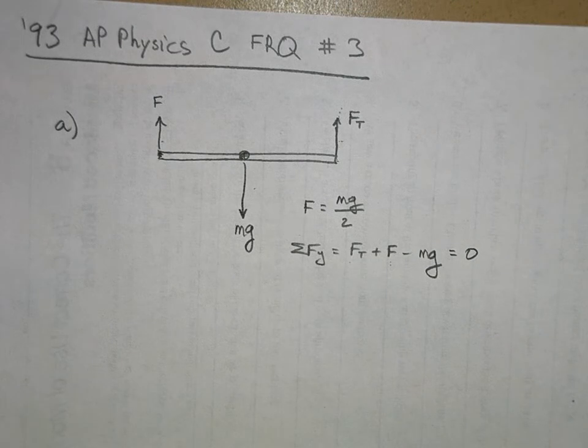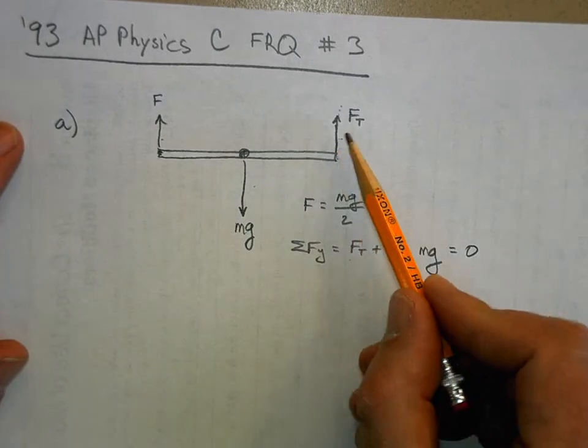So what I'm going to do is use torque instead. And now the beautiful thing about torque is that if an object is in equilibrium, it means there's no net torque. That means it doesn't matter where you measure the torque from. The torques have to add up to 0. Well, I don't know what this force is.